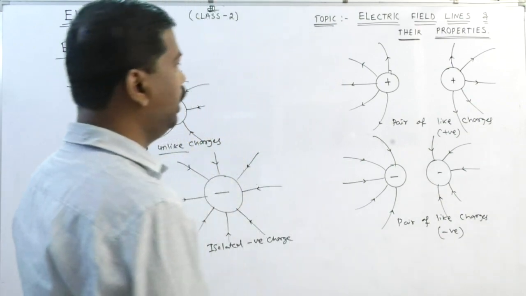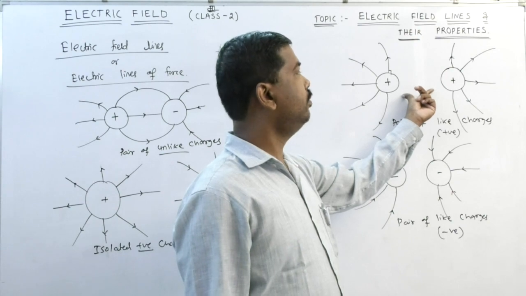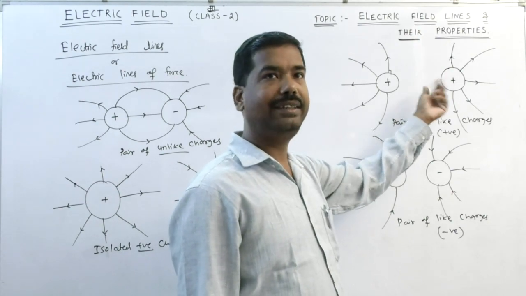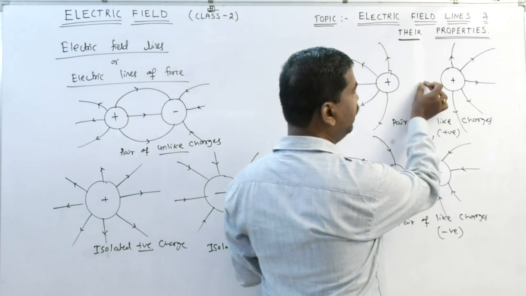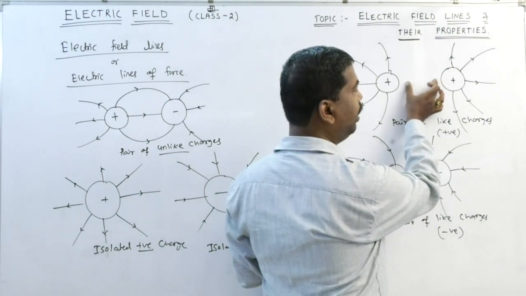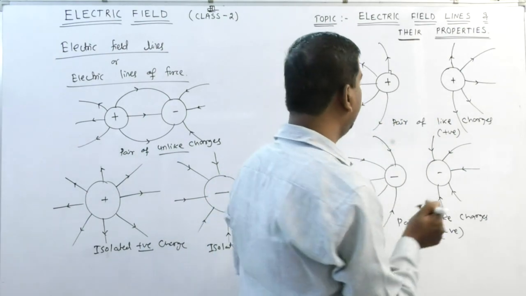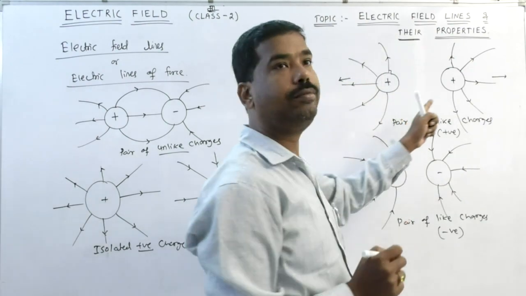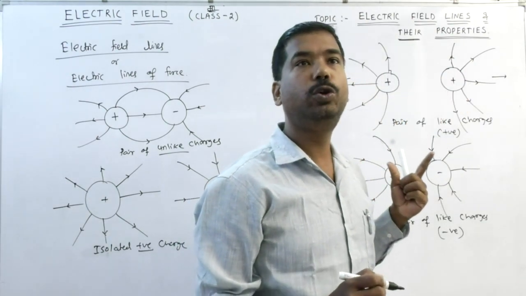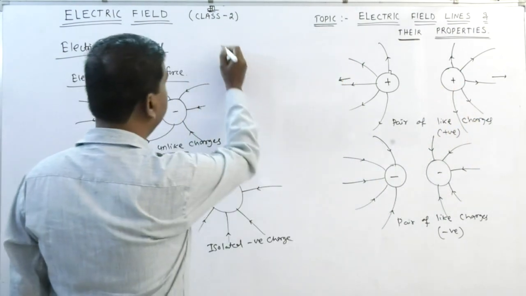Now, listen carefully. Whenever we have taken positive charges or like charges, in between the two like charges, what happens? Some lateral pressure acts in between the two charges. That's why, due to the lateral pressure, they move away.